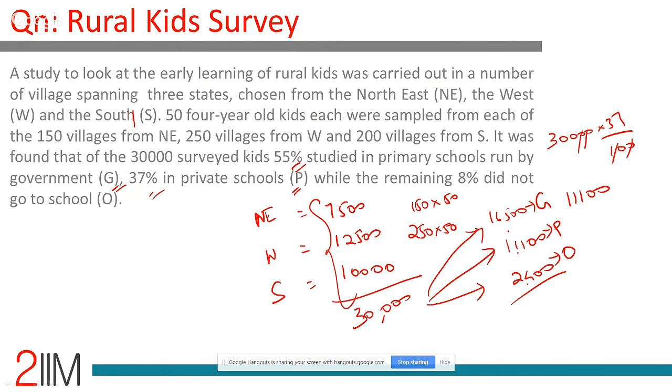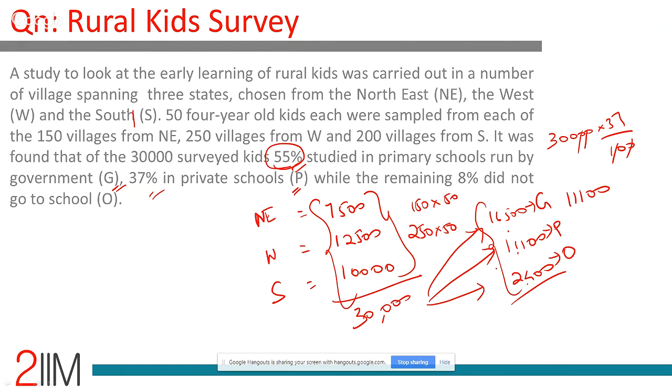That's probably what this puzzle is going to be. But when I see numbers, before I go to the question and the grid, I like to make sense of each of these numbers. I like to say, look, okay, 55% of the total. So I don't know what percentage in NE, what percentage in West, what percentage in South this is. But I know the overall picture. So the 30,000 is sliced in this manner and in this manner.